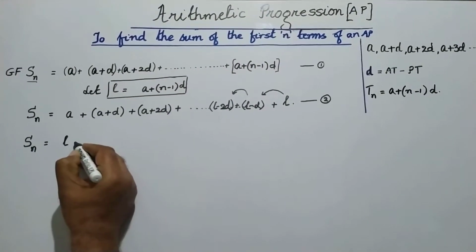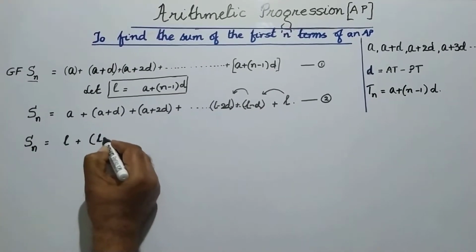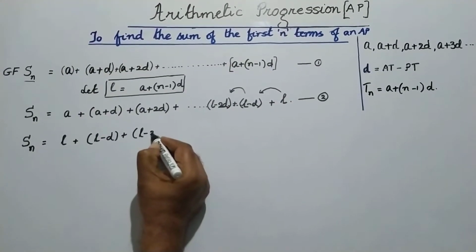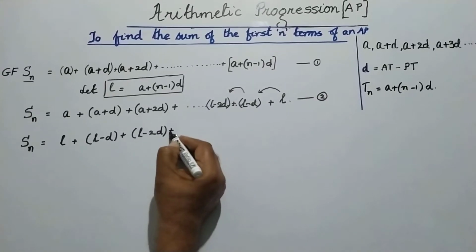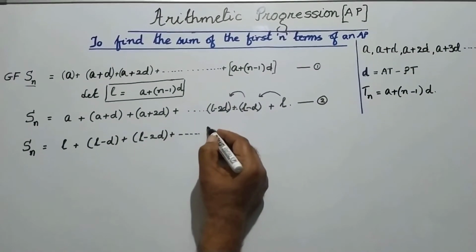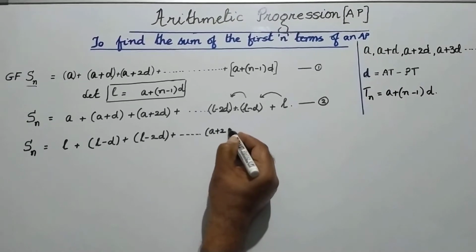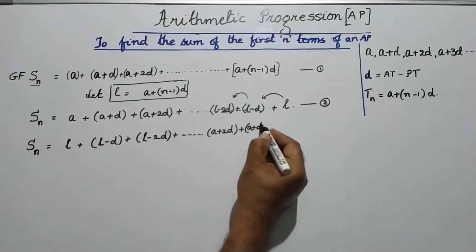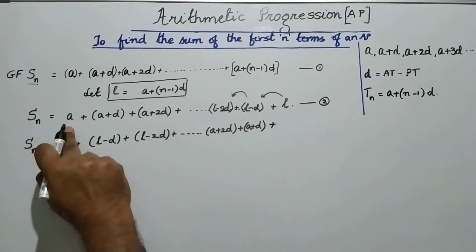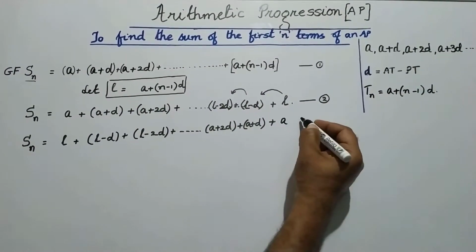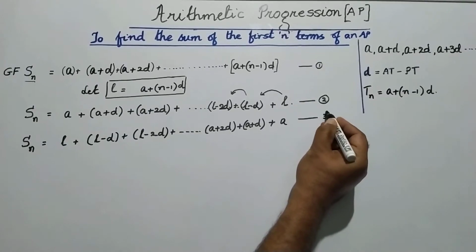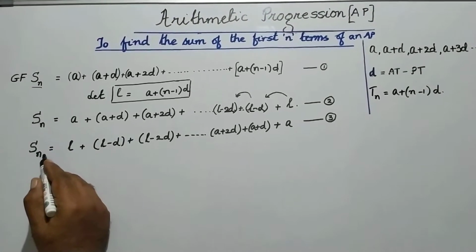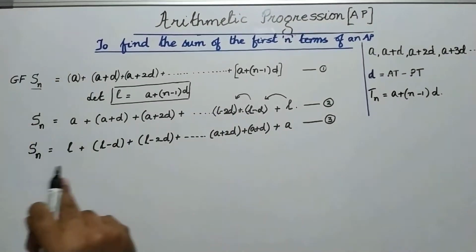L comes first, L minus D comes next, L minus 2D comes to be the third, etc. A plus 2D comes here, A plus D will be placed here, and this first term A will come here. I'll take it as equation number 3. What is it that I have done? The same sum I am trying to find out, but in the reverse direction.